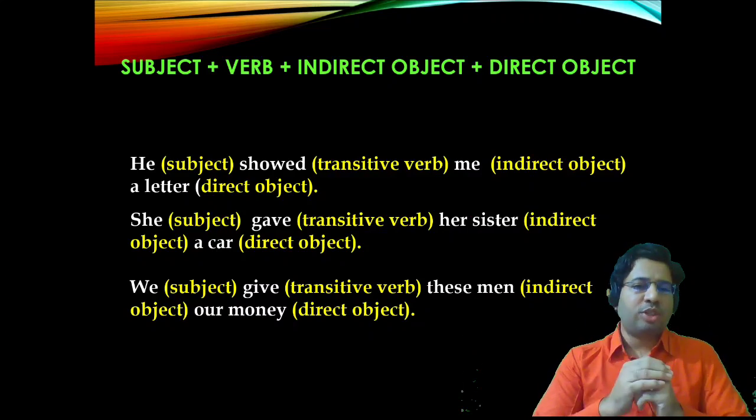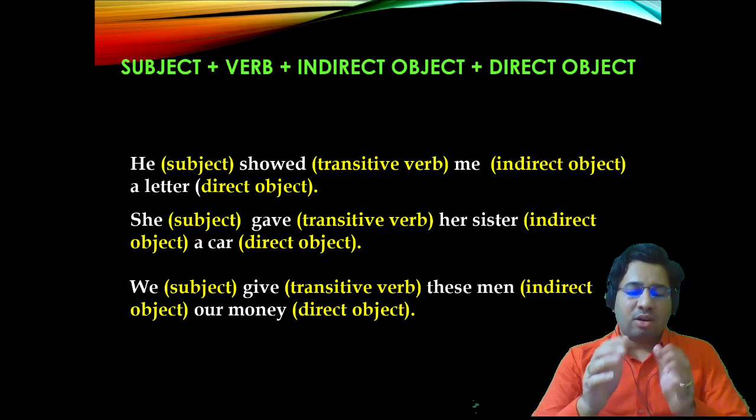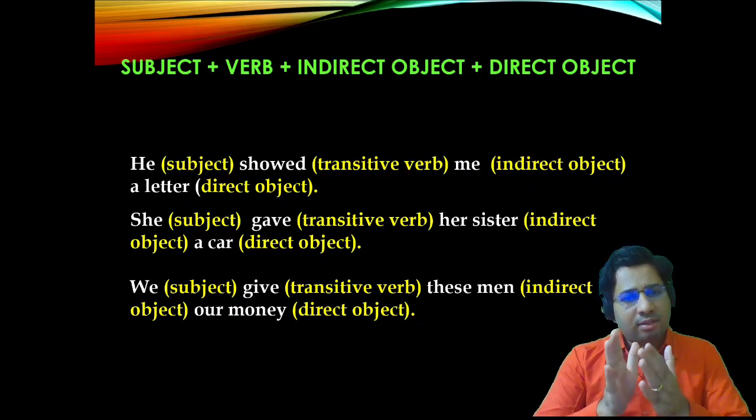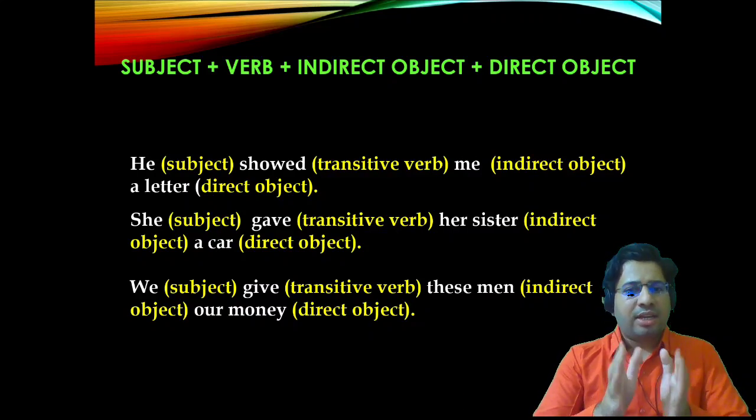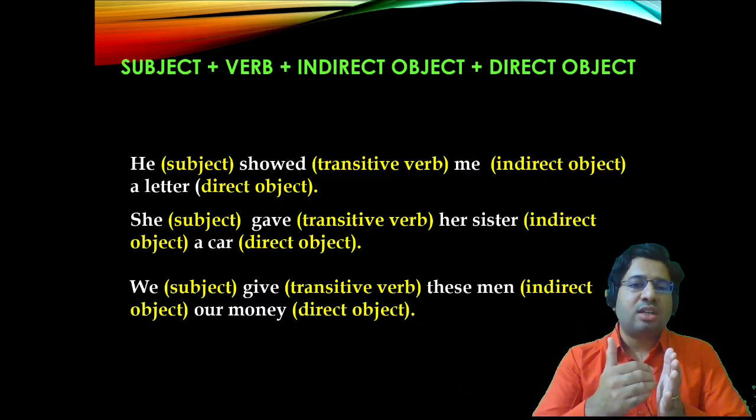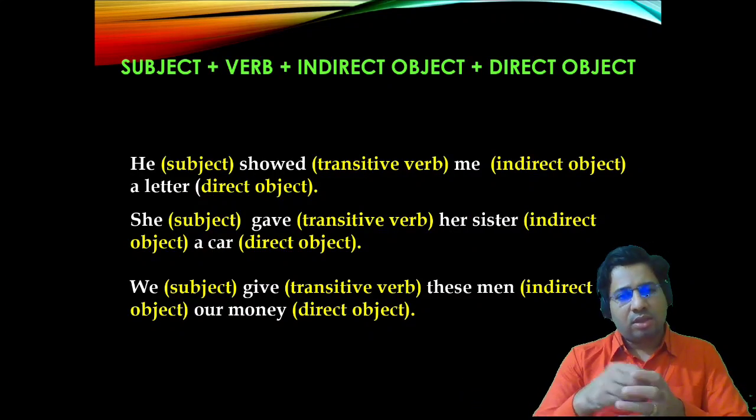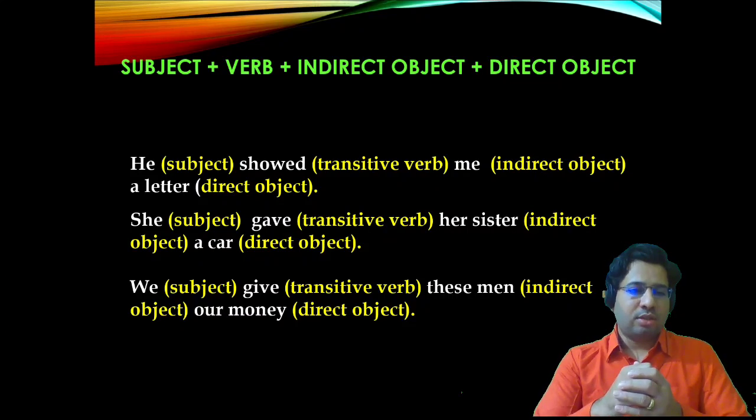The indirect object comes between a transitive verb and the direct object of the verb. The indirect object receives the result of the action. In other words, the indirect object receives the direct object.